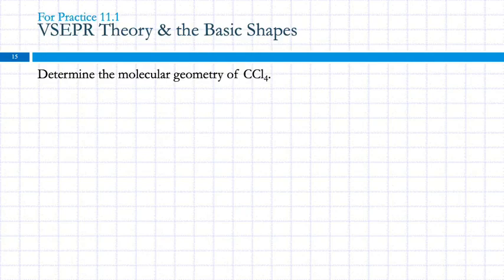Okay. Determine the molecular geometry of CCl4. Geometry is determined by electron groups on the central atom. Got to start with the Lewis structure. So carbon in the middle, chlorines around it. Our Lewis structures are always flat.